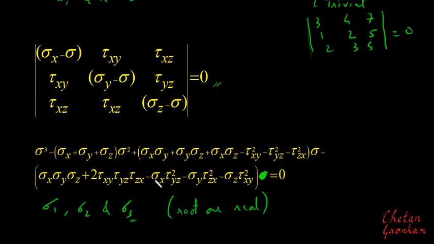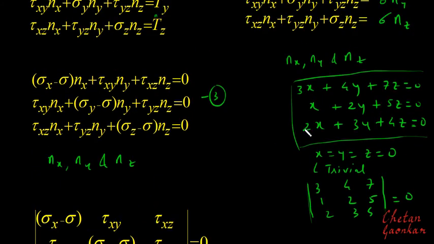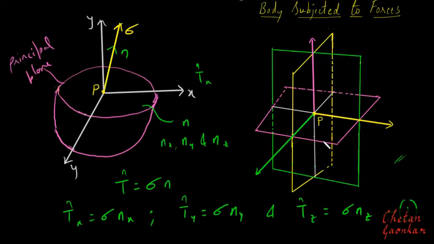So basically what we have done till now is, we have been able to find the magnitudes of the three principal stresses, sigma 1, sigma 2 and sigma 3, on these three principal planes.